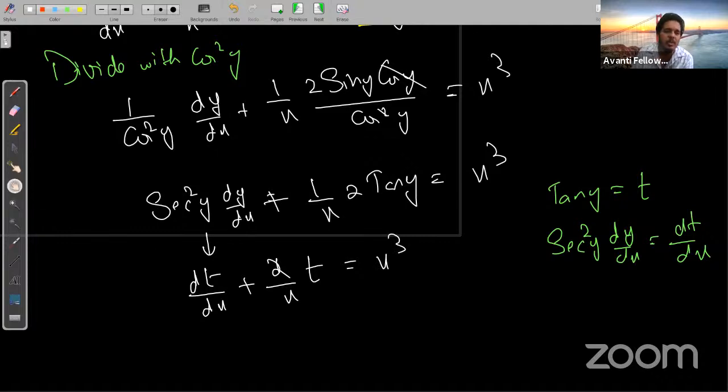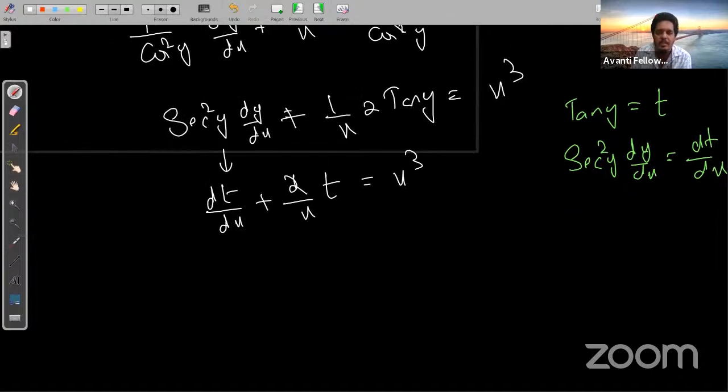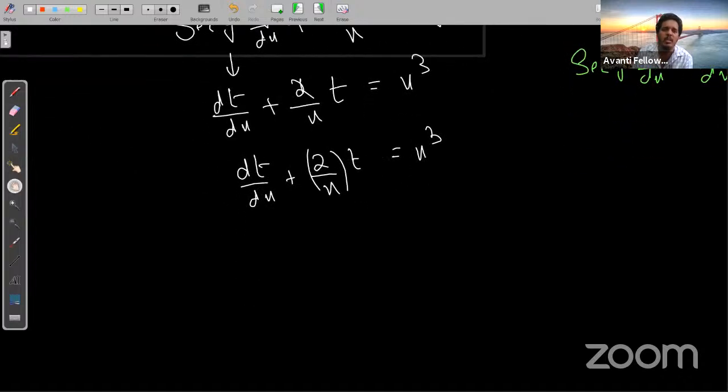So now this one is a linear differential equation, right? dt by dx plus 2 by x into t is equal to x cube. Now tell me what is our integrating factor? e power integral p dx, 2 by x dx, how much do you find?